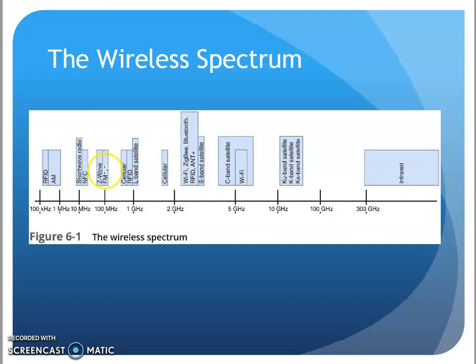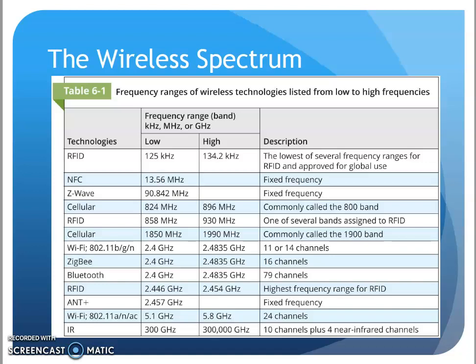Here's your Z-Wave home automation, FM radio, cellular, another slot of RFID. We have some satellite communication here. There's also satellite communication up here. Cellular here. Here's our Wi-Fi, Bluetooth, that sort of thing. The other band of Wi-Fi up here. So it's all allocated as to which devices operate in which frequency band. And that's all done by the FCC here in the United States, but overseen by the ITU globally.